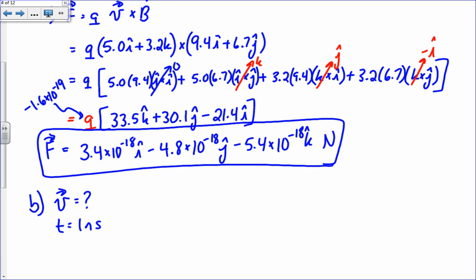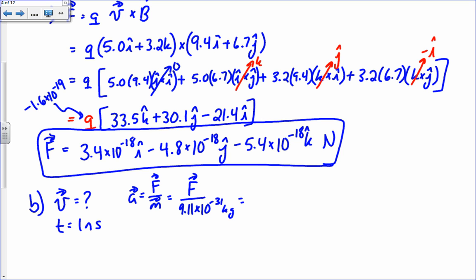I can find its acceleration. It's just F over m. That is F, what I found up in part A, divided by the mass of an electron, which is 9.11 times 10 to the minus 31 kilograms.